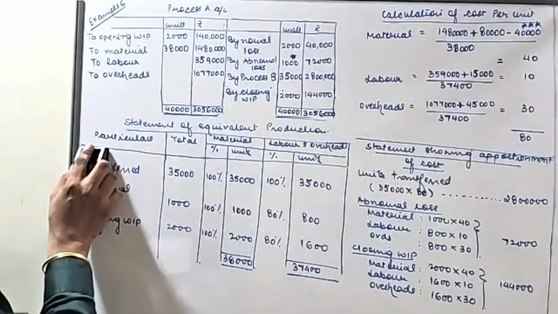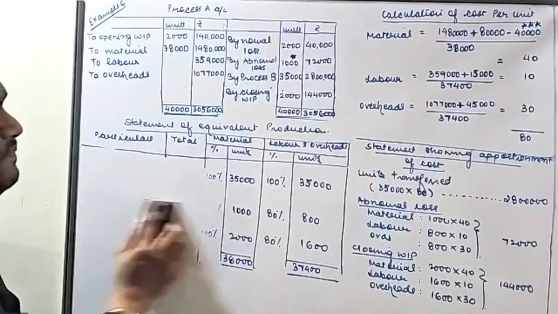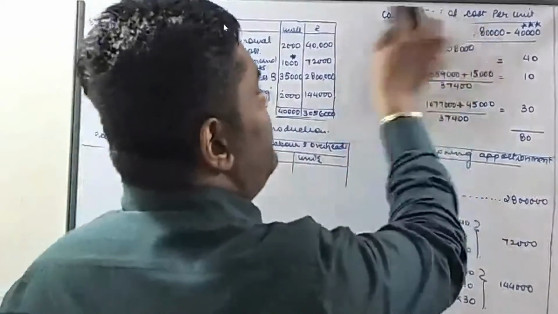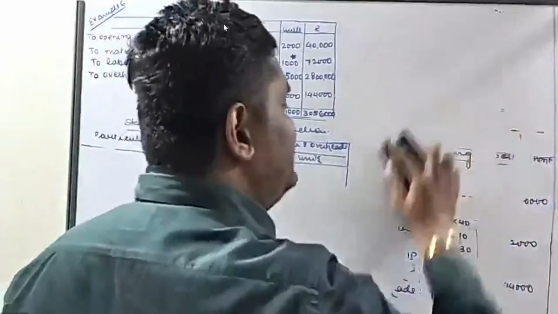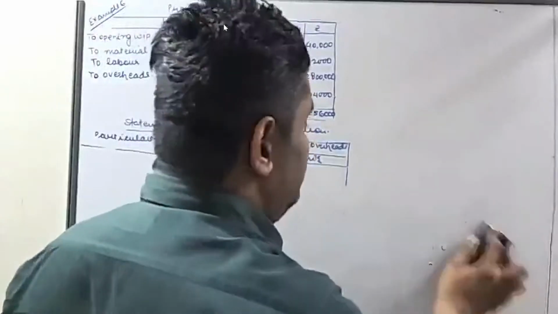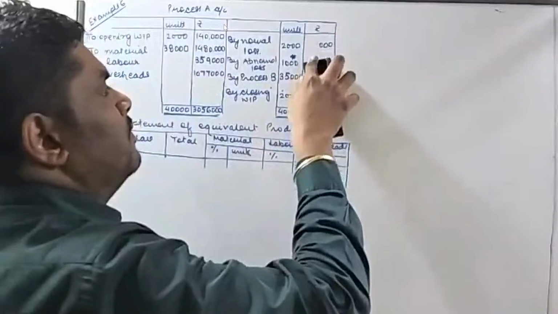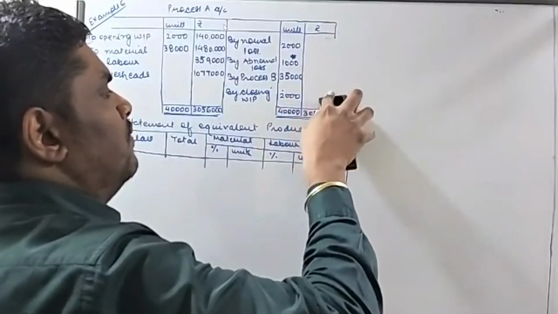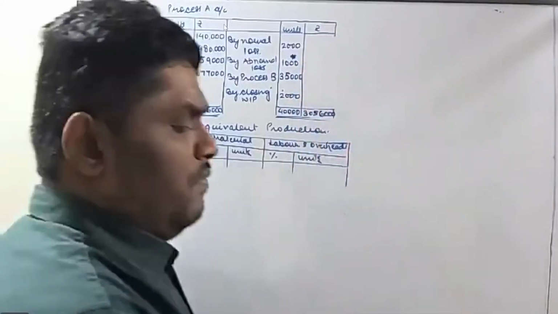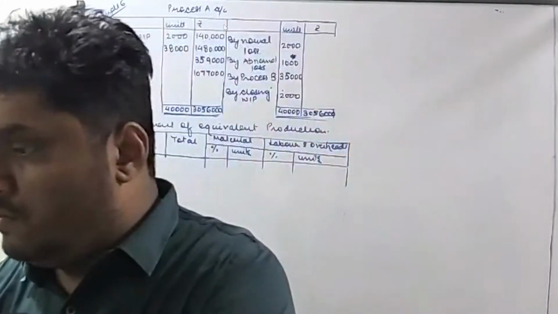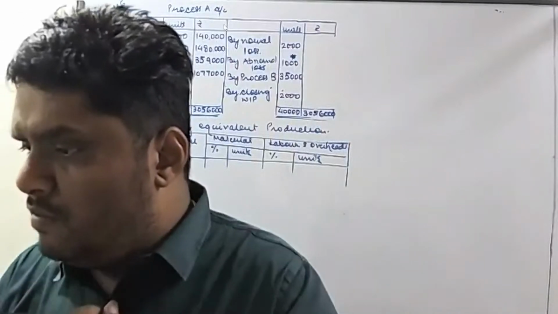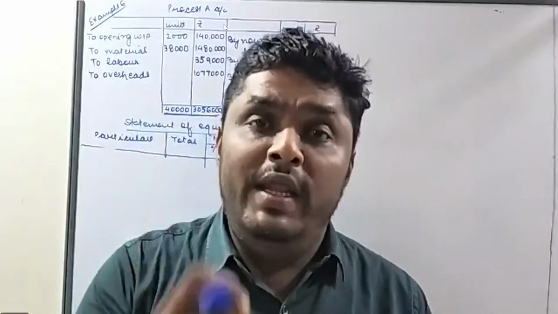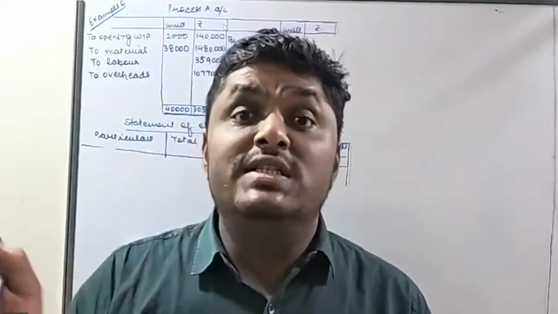Now, see, this question we have solved as per weighted average method. Let's solve this question as per FIFO method for better understanding of the concept of FIFO. As I said, Rohan, when talking about normal loss, very important, the value of normal loss is absorbed by good units.